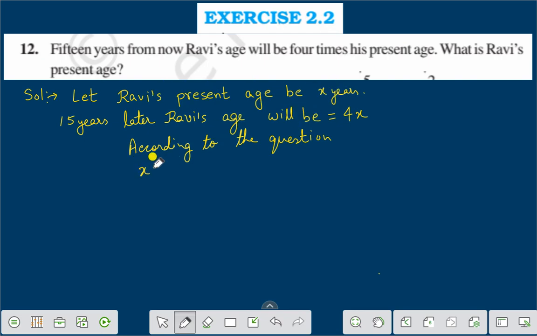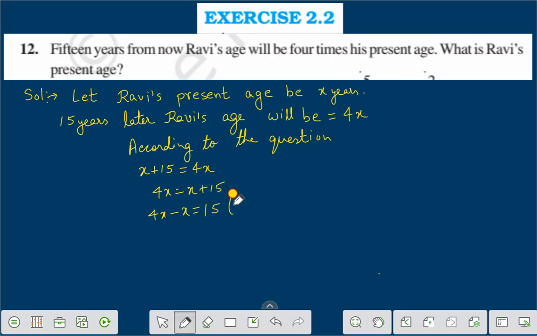After 15 years, it will be x plus 15. That will be equal to 4x. Or you can write 4x is equal to x plus 15, or 4x minus x is equal to 15.